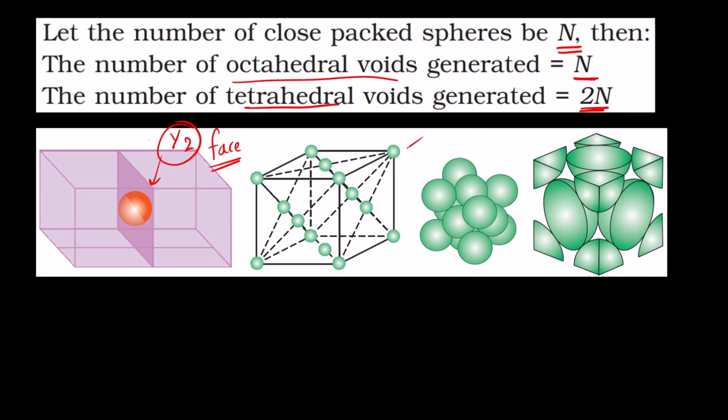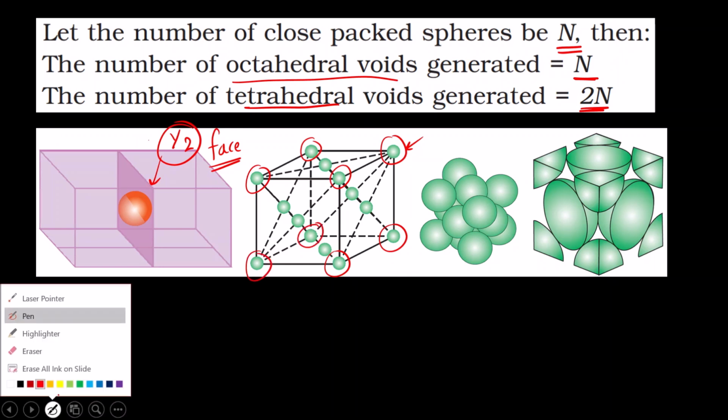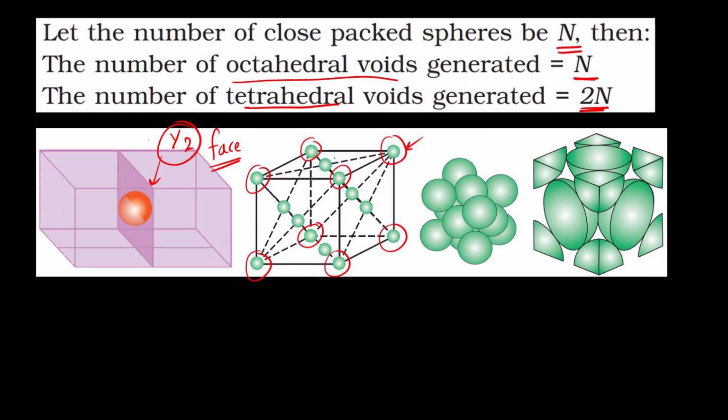You can see that spheres are present at all the 8 corners, 1, 2, 3, 4, 5, 6, 7 and 8, and spheres are present at each of the 6 faces, 1, 2, 3, 4, 5 and 6. In the space filling model it looks like this, and if you slice it off, the unit cell structure looks like this.